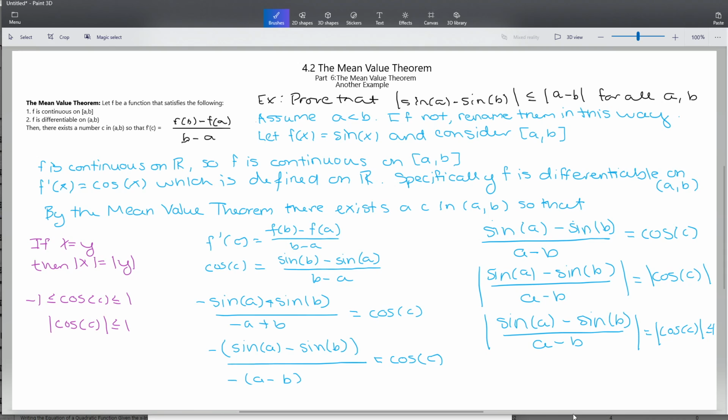So I can conclude that sine A minus sine B over A minus B in absolute value is less than or equal to 1.